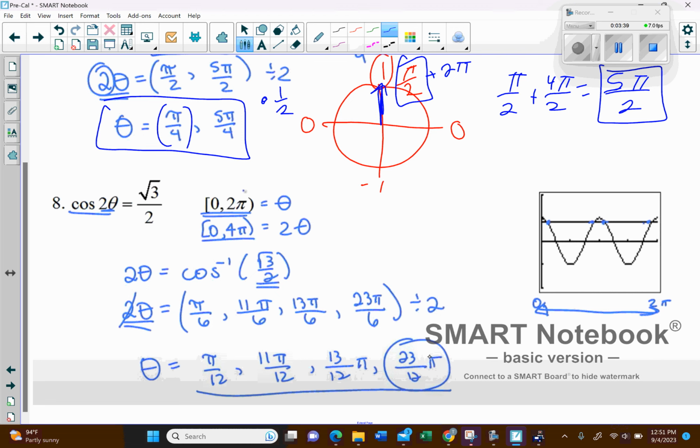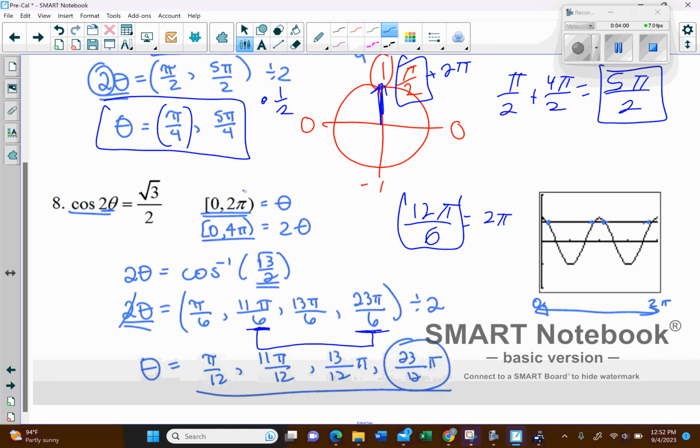I know you mentioned that one in your email. And so that's just what's taking place here. What you're really doing is taking this angle right here plus 2 pi. If you add 2 pi to this, which would be the same thing as 12 pi over 6, right? That's the same thing as 2 pi.